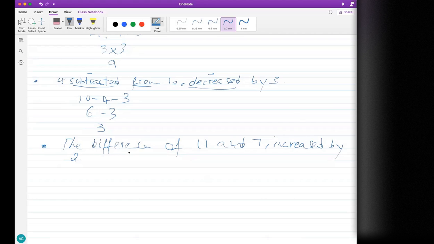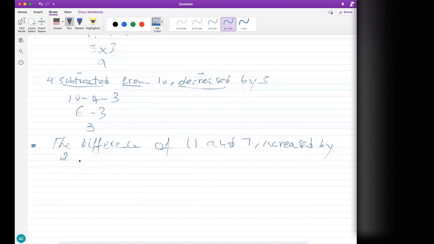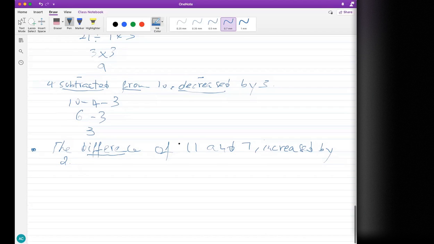How do you find the difference of 11 and 7? In what order do you do the subtraction? Let's translate the first part, the difference of 11 and 7. 11 minus 7. Exactly. When it says difference, you don't have to switch the order. You switch the order when it says from, where the from goes first. For difference, you just keep the same order.